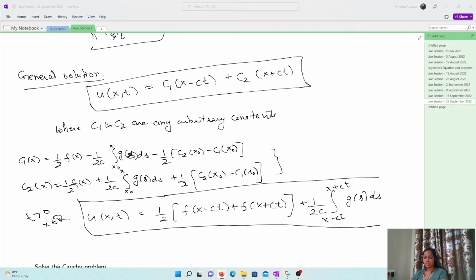In those cases, in lectures it has been shown that f(x) and g(x) have to be extended as odd functions for the x less than 0 side, and as even functions for x greater than 0, and what the solution actually looks like.